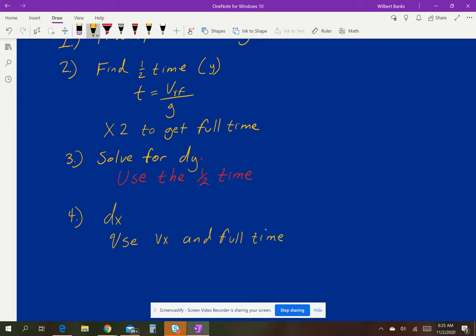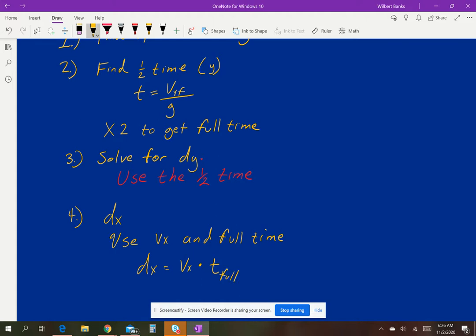And that equation is going to be dx equals Vx times your time. And it's going to be your full time.